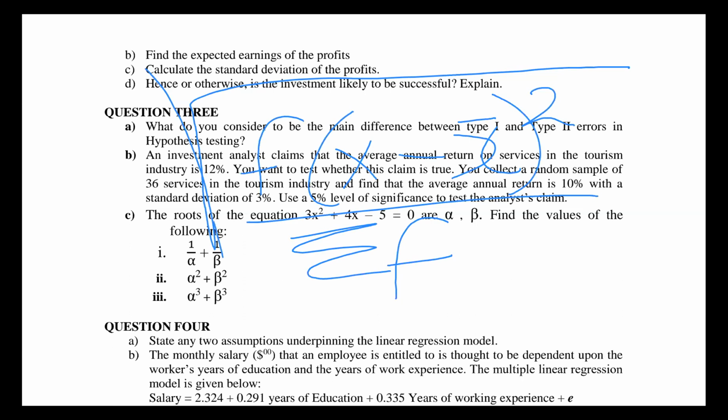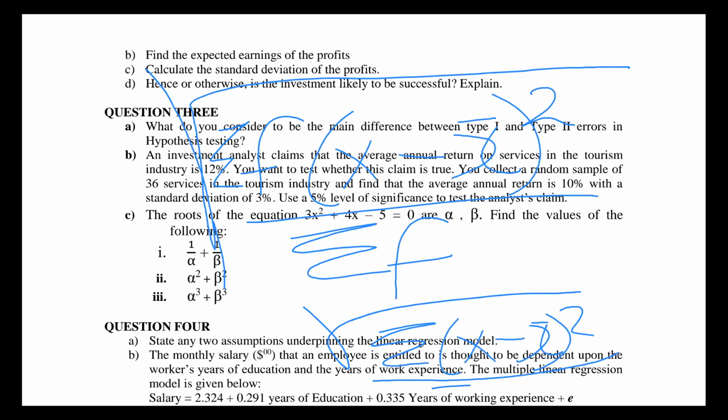If it is ungrouped data, it shall be the square root of the summation of X minus X bar, squared, divided by the summation of n, which is just n.